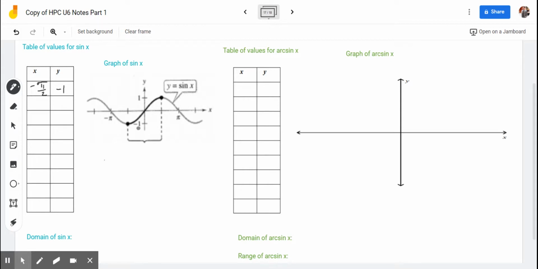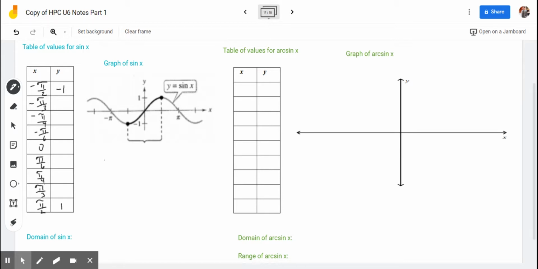And then if we use the left-hand trick, the other unit circle values are going to be negative pi over 3, negative pi over 4, negative pi over 6, 0, and then we'll go pi over 6, pi over 4, pi over 3, and then pi over 2.